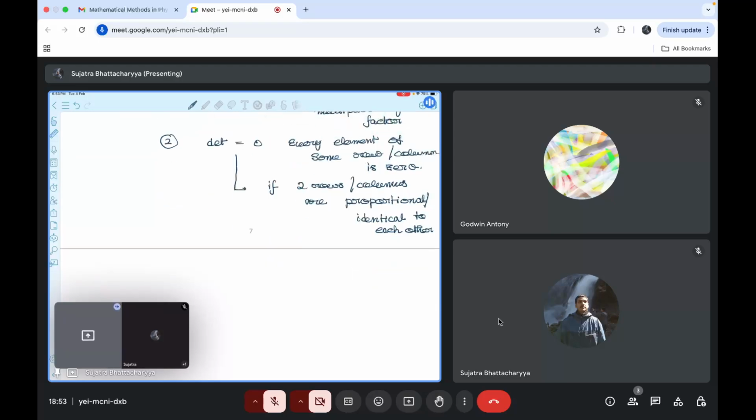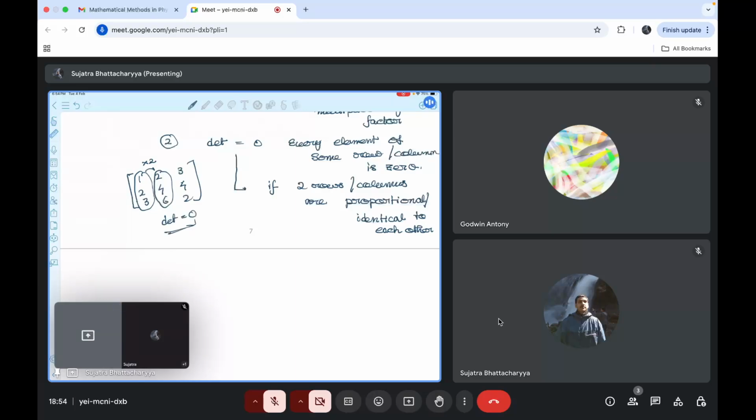So suppose you have some vectors, say 1, 2, 3, and next is 2, 4, 6, and then something else, P, 4, 2. Look at this 1, 2, 3. If you multiply this column by 2, you will get this. So this is proportional, so the two vectors are linearly dependent. Here the determinant will be equal to 0.